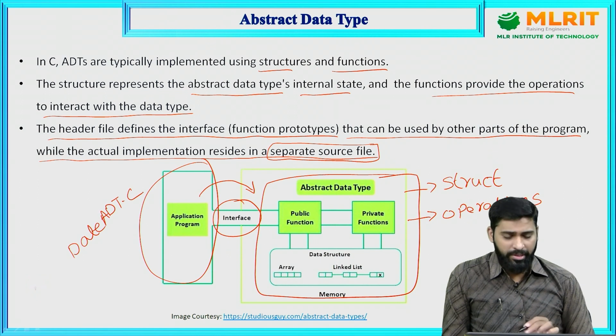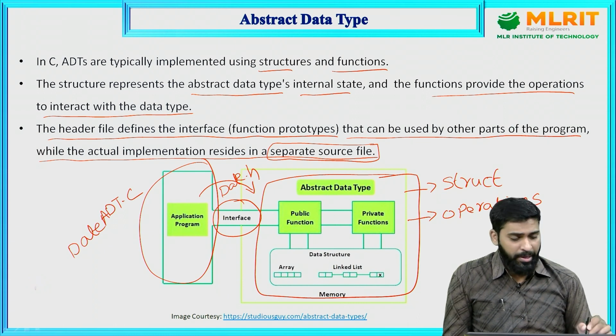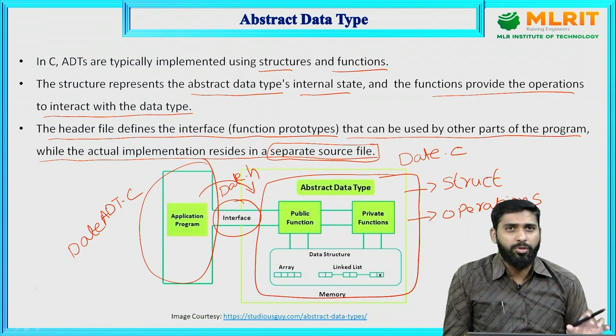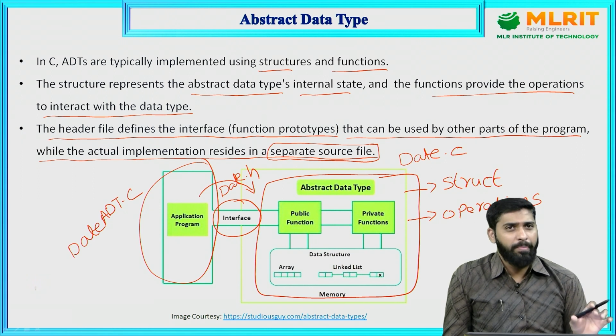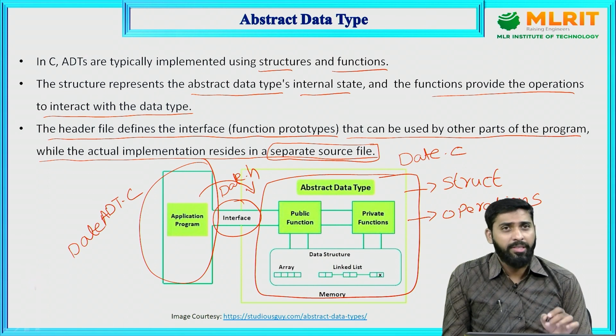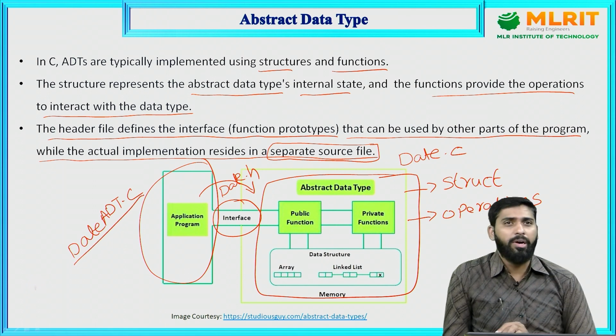The interface is date.h. The abstract data type is date.c, the source program. We implement in date.c, so that we access it with the help of date.h, the header file, that is the interface we include in the application program, date adt.c.